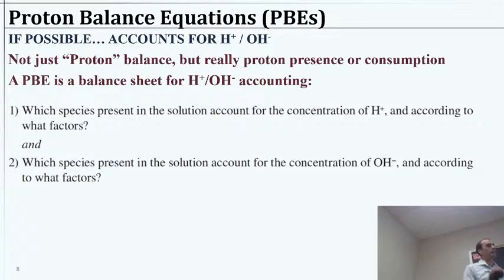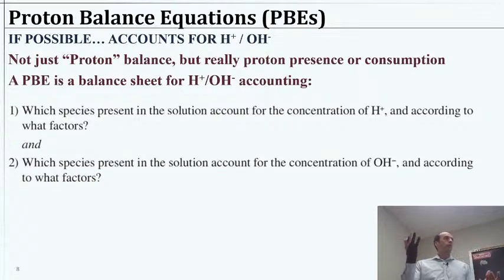And what it does is it accounts for the total amount of sources of H plus on one side of the equation and sources of OH minus on the other. At a very simple condition, if we just take water, H plus is a source of OH minus because of our dissociation of water.